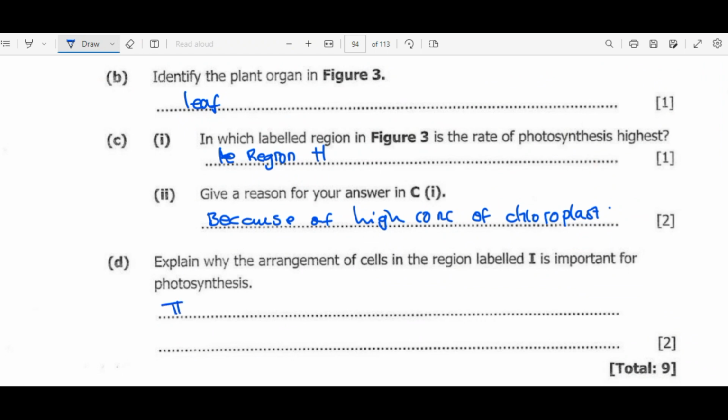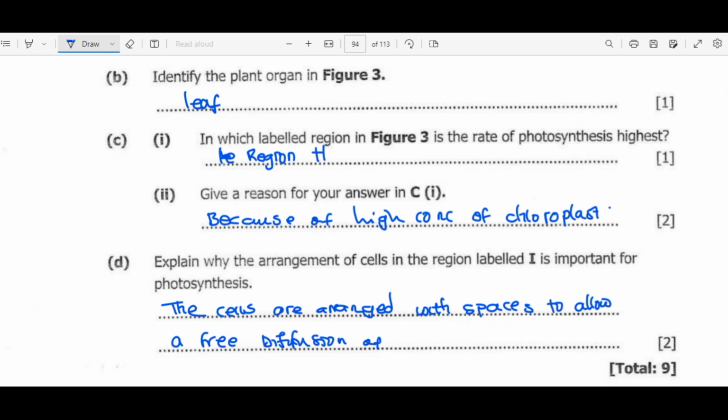So we say the cells are arranged with spaces, or we can say less tightly with spaces, to allow a free diffusion of gases. So this is how we can answer a question like this one.